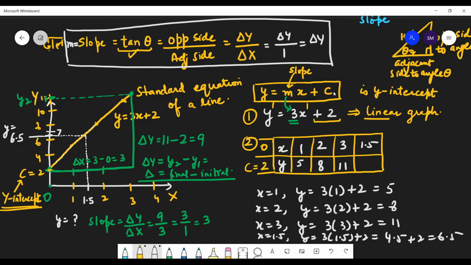What is c? Y-intercept. What is m? Slope. So if you can write the relation in the form y equals some constant into x plus some constant, you can instantly tell where this graph is going to intersect the y-axis and what the slope of this graph is.